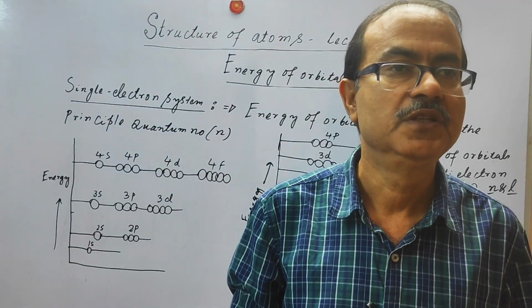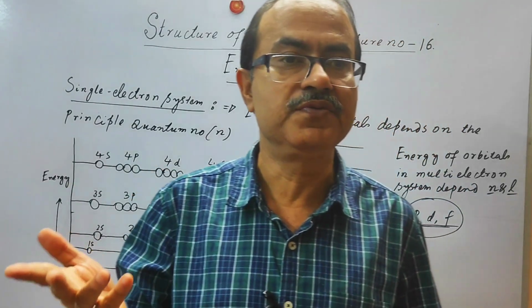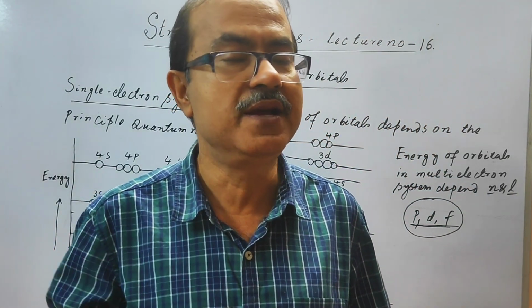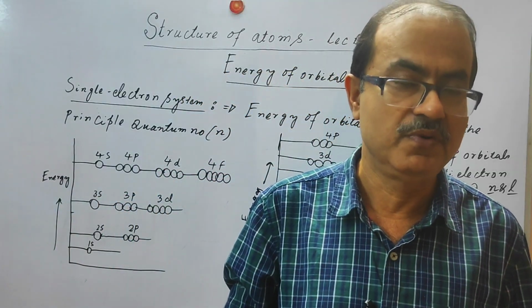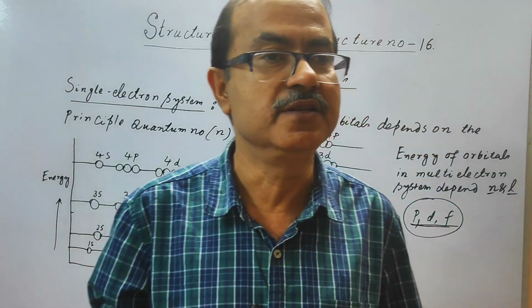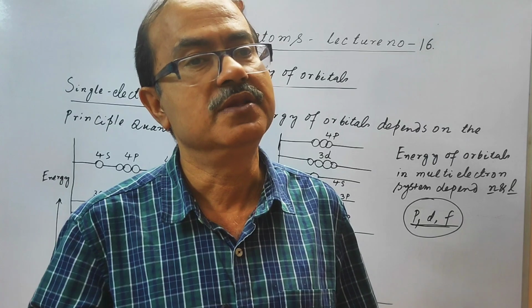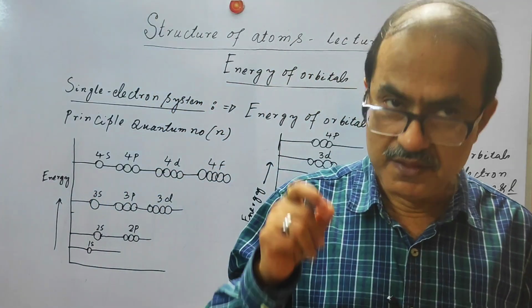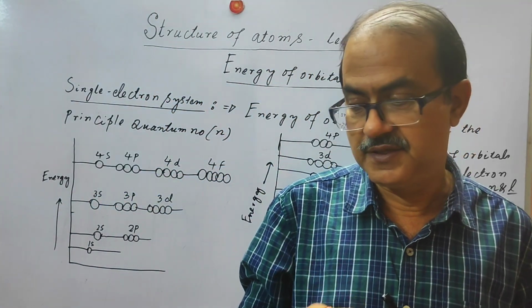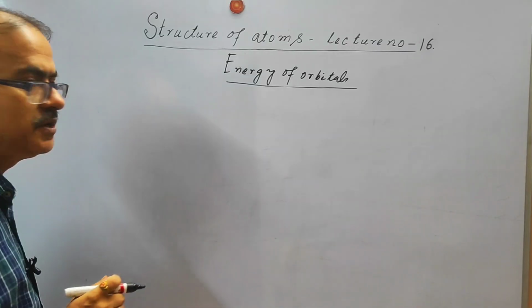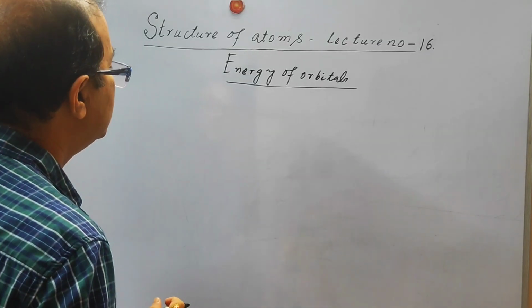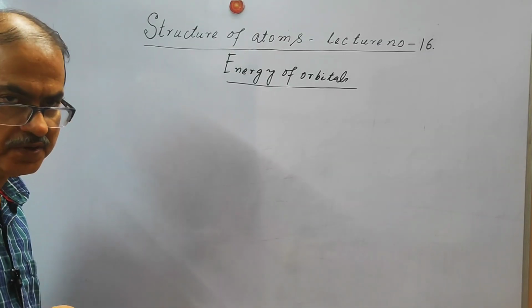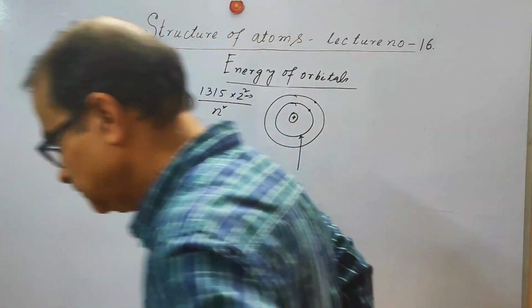So s, p, d, f have different energies in multi-electron systems, and we will understand this in much more depth. So we understand one thing: the energy of the orbitals in the multi-electron system depends not only on the principal quantum number.